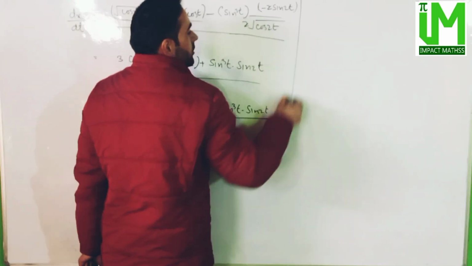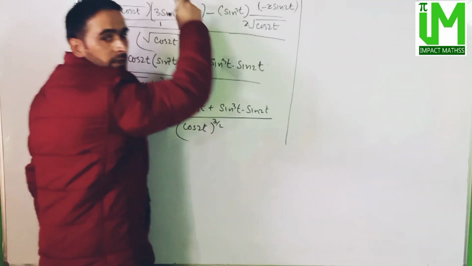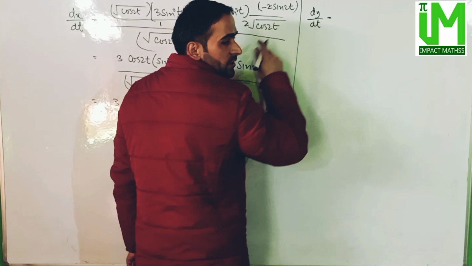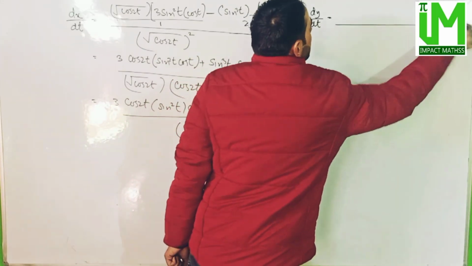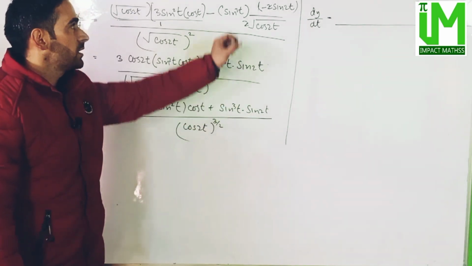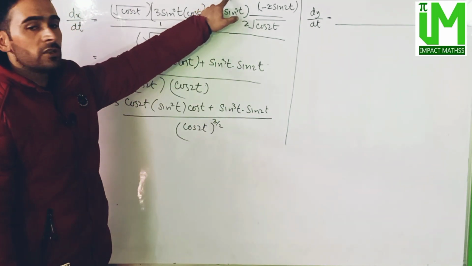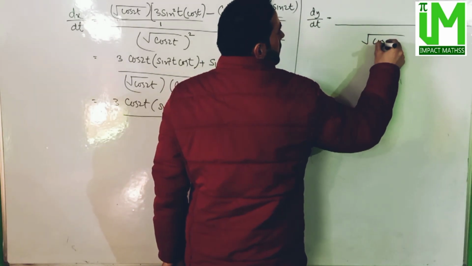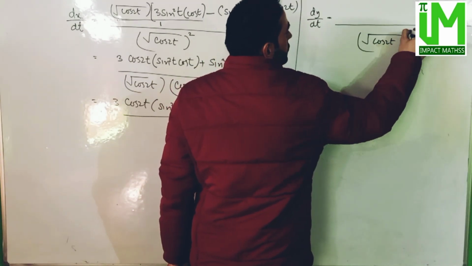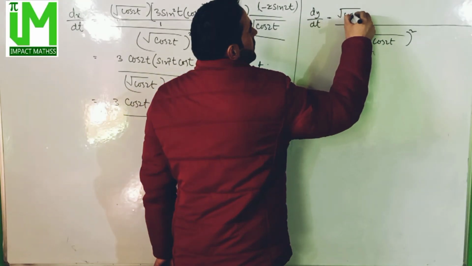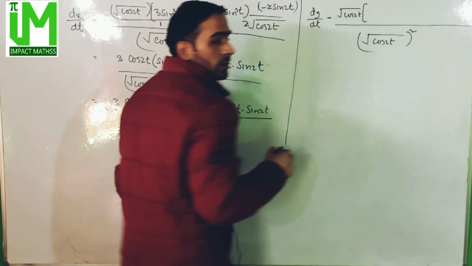Now again we will solve dy divided by dt, which will be under root of cos of 2t whole square in the denominator, into the second denominator. So this will be cos of 2t into differentiation of numerator.